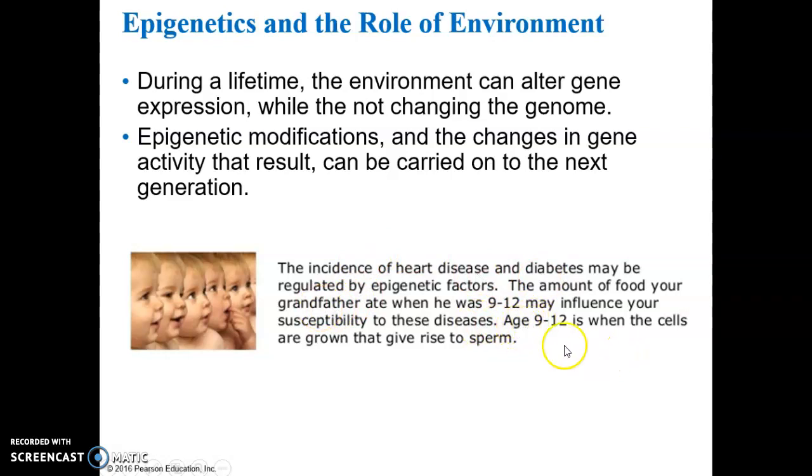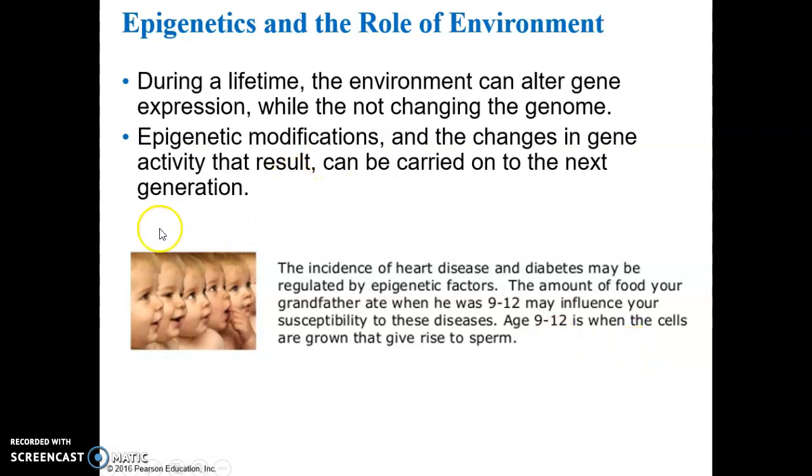And why? It's because between the ages of 9 and 12, that's when the cells that give rise to sperm first grow and develop. So those cells are influenced at this age bracket, and those cells that give rise to sperm get transferred on to the next generation.